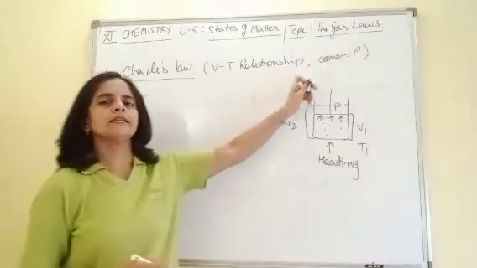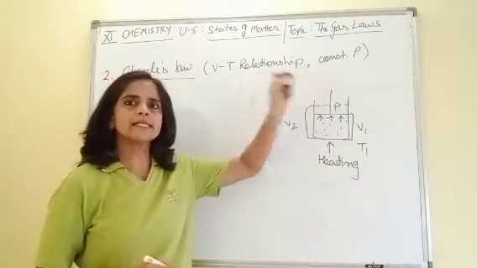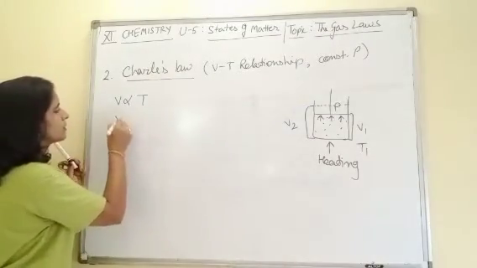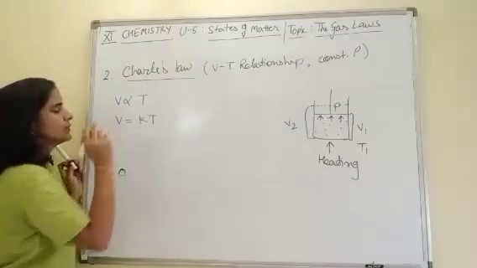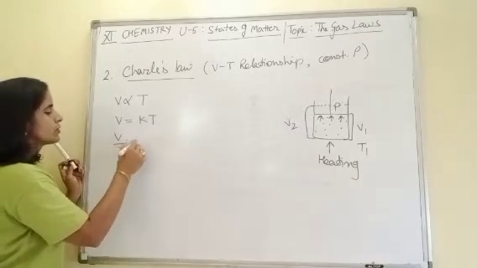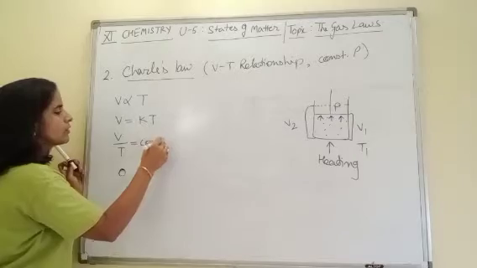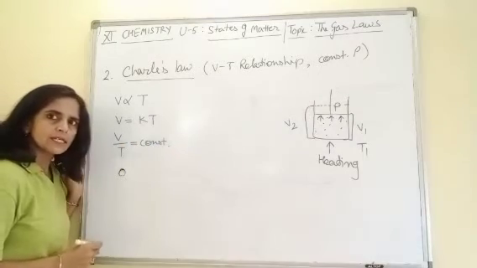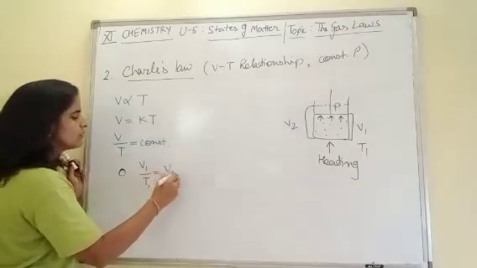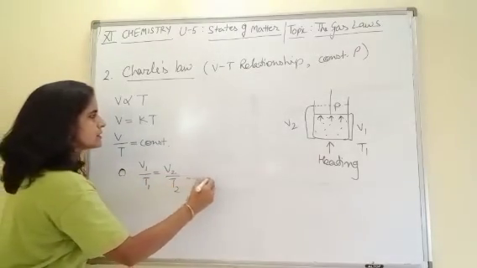Again I am repeating, keeping pressure constant. So remove the sign of proportionality. We have a constant: V equals kT, or I may write the ratio of volume and temperature always remains constant, means V1 by T1 equals V2 by T2 and so on.